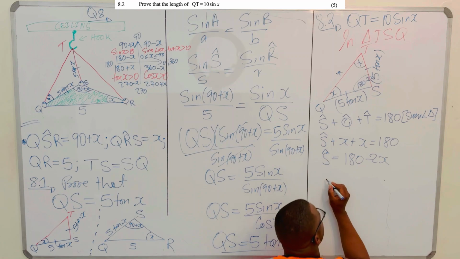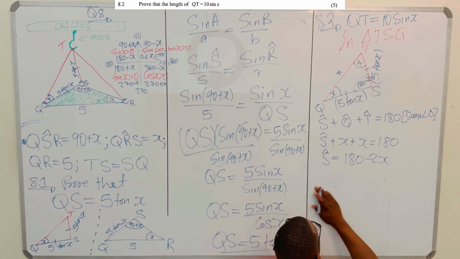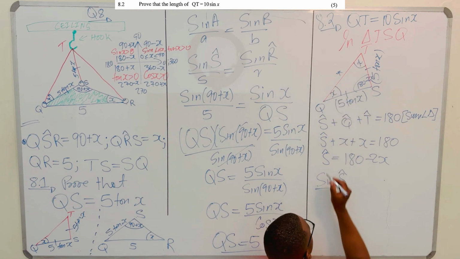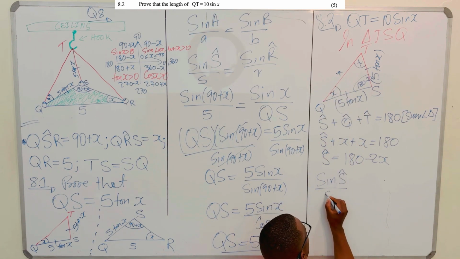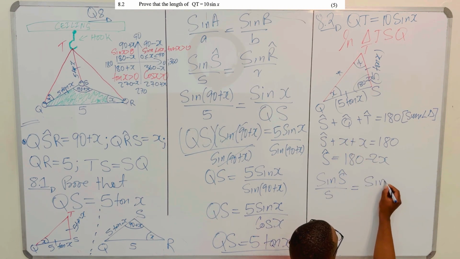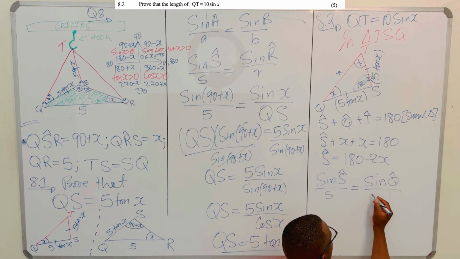Sine of angle S over small s, which is what we're looking for, is equal to sine of angle Q over small q.